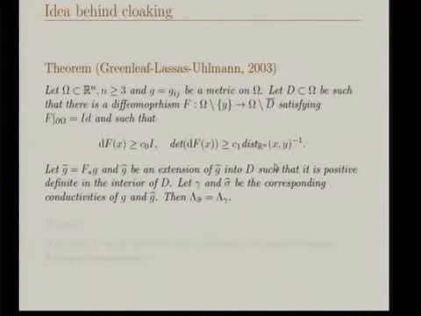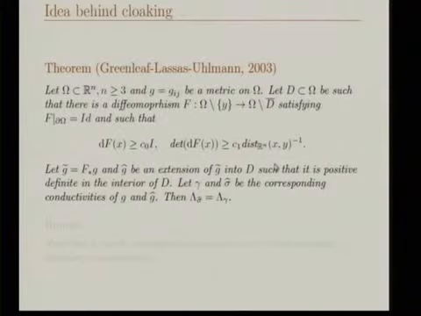So this omega, we can assume it's a smooth bounded domain with a smooth boundary, and then you construct a diffeomorphism f from omega, and I will show the diffeomorphism in the next slide. This is taken from the paper of Greenleaf, Lassas, and Uhlmann. So you construct a diffeomorphism from omega minus a point to omega minus a ball in 3 dimensions and higher, and that satisfies these conditions. Let's not worry about these right now.